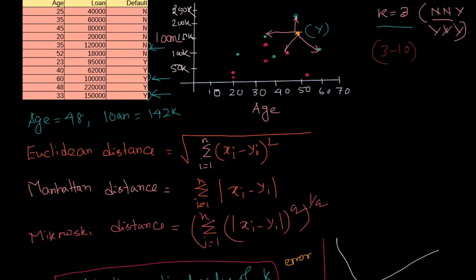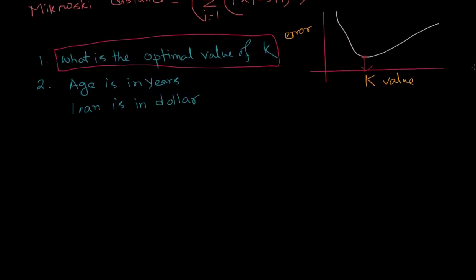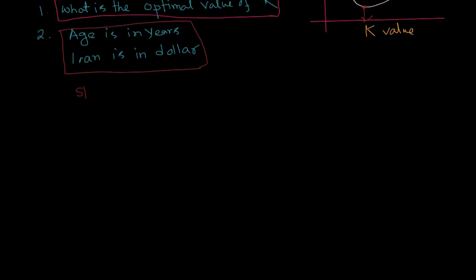Okay, so now question number 2 is, how to solve this anomaly over here, right? Because there are a lot of features with different units over here, right? So for that we use the method called standardization. Okay, so if I just go a little bit down, standardization.